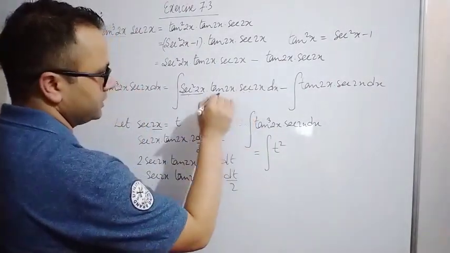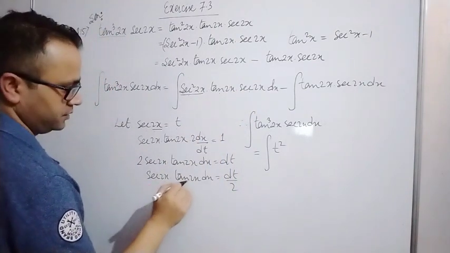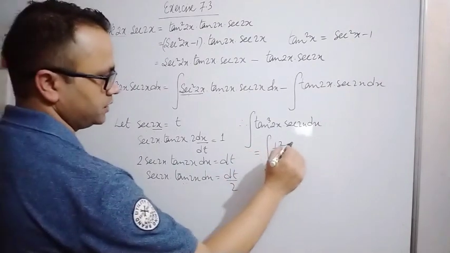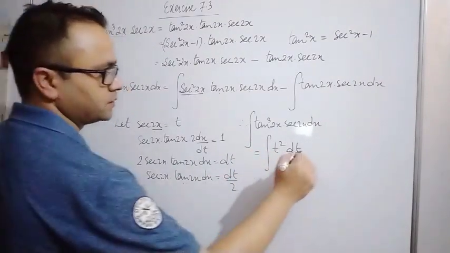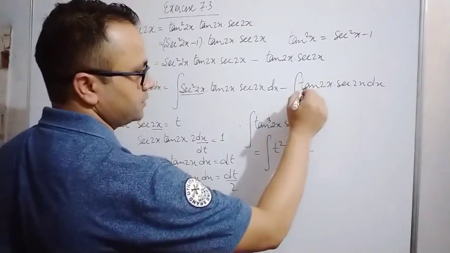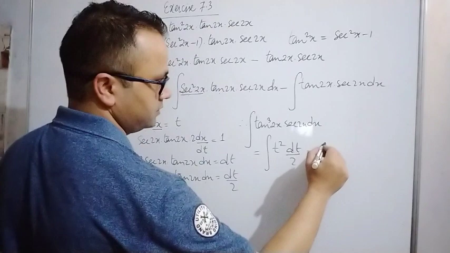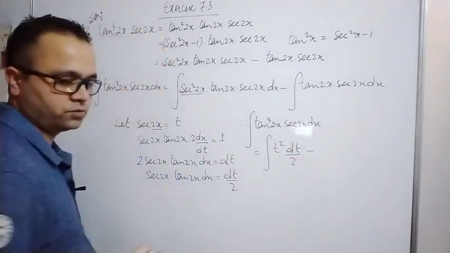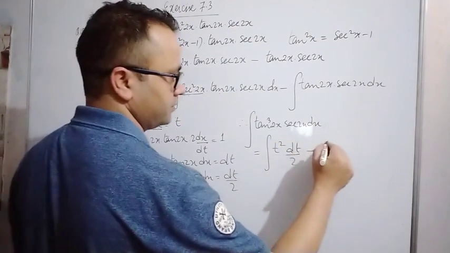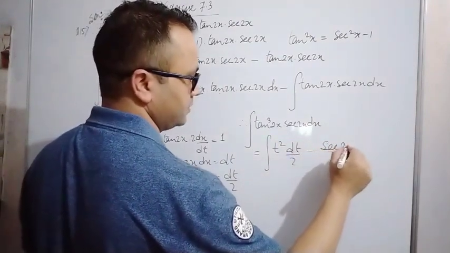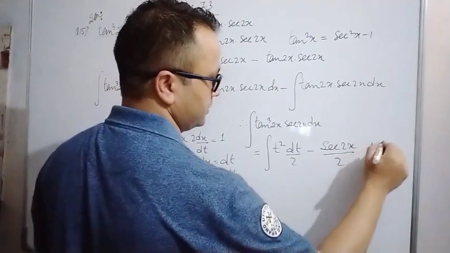Now sec 2x tan 2x dx is dt by 2, minus the integration of sec x tan x. What is the integration of sec x tan x? It is sec x, here x is 2x, divided by 2, plus c.